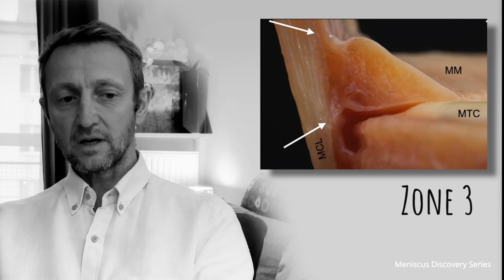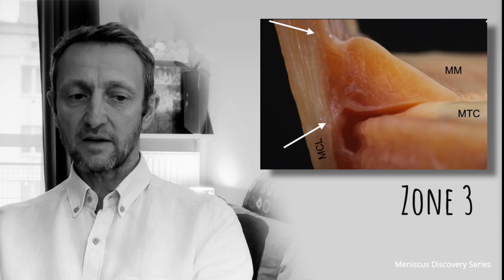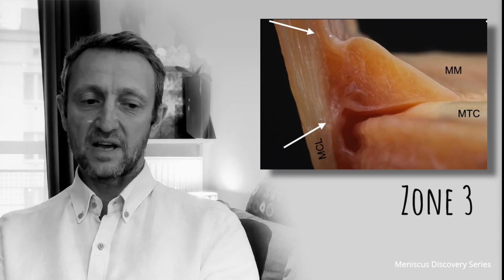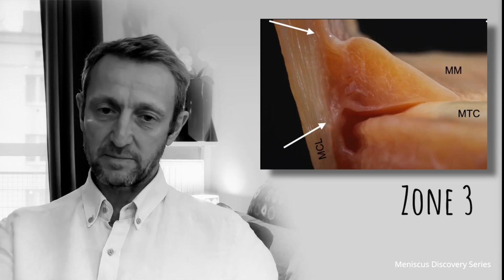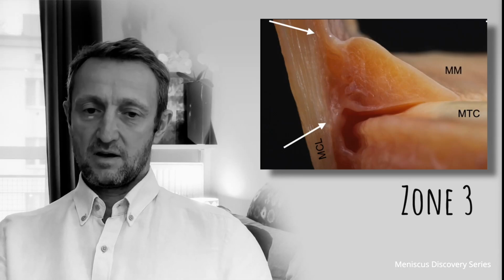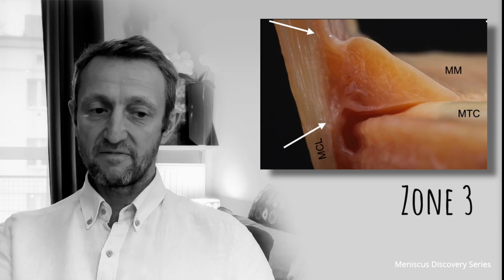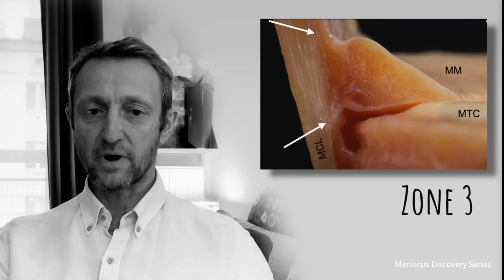Have a look at this picture, look here. In this area between the MCL and, let's say, the deep MCL, we have the vessels, a small artery, the vein and small nerve branches.